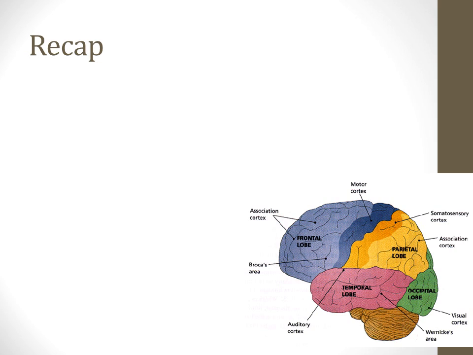As a quick recap, I would make sure somewhere in your notes you drew this image of the brain and labeled the different parts: the frontal, parietal, occipital, and temporal. I would also make sure you know the different elements involved with each of the lobes.